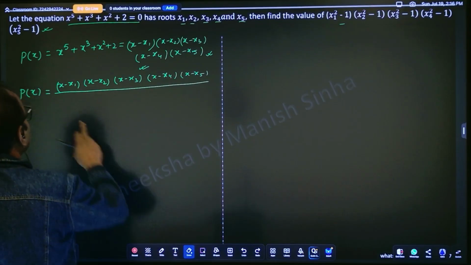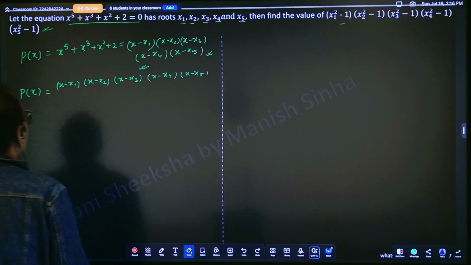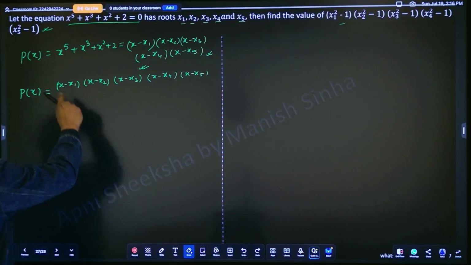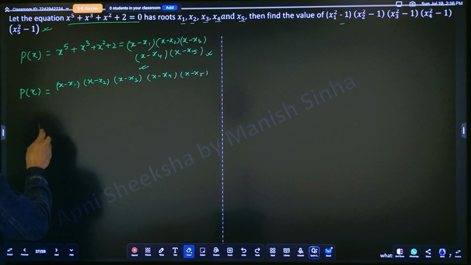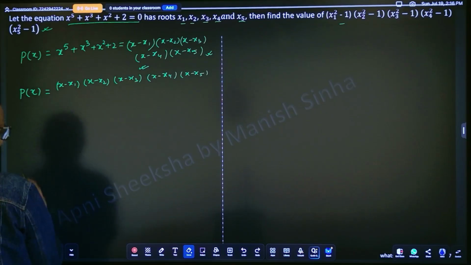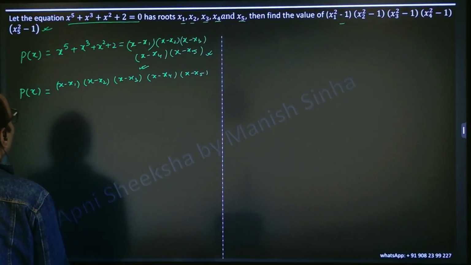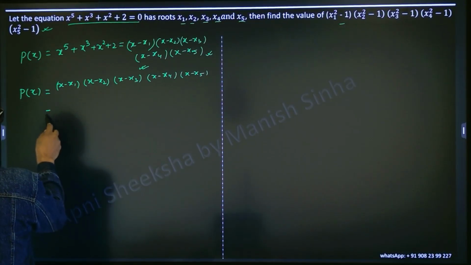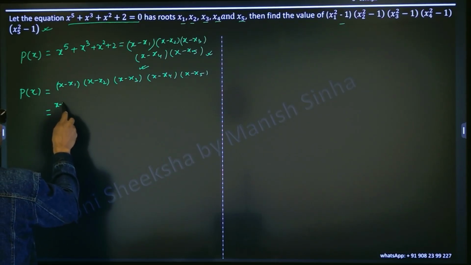So let us multiply this one by one. Can we write like this? x minus x1.